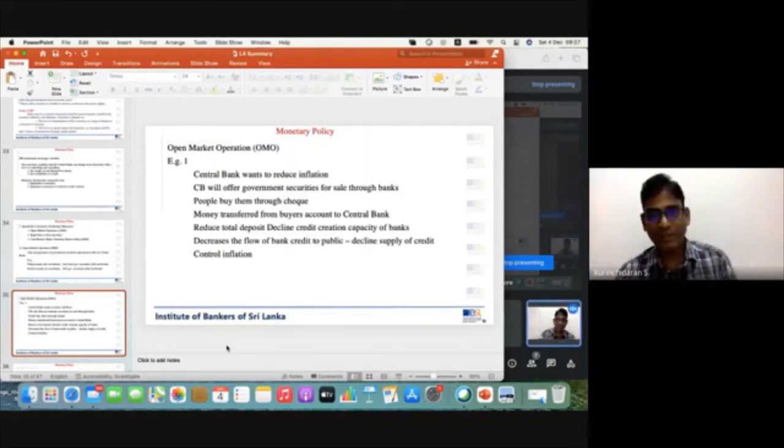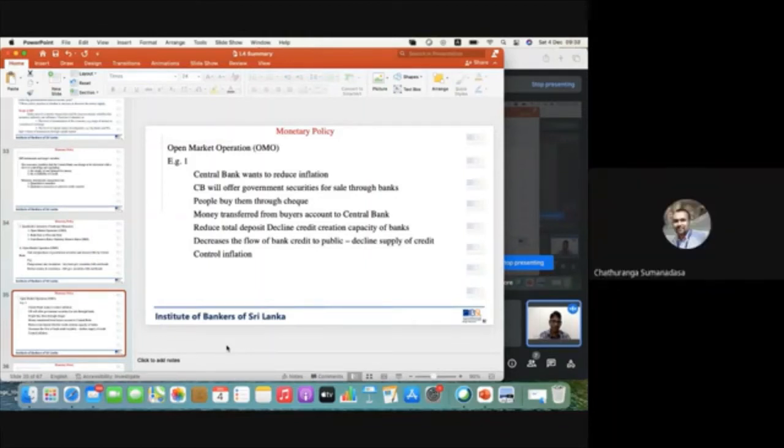Two things. One is, the intention here is to reduce inflation. But your point is about government funding. Yes, government funding.